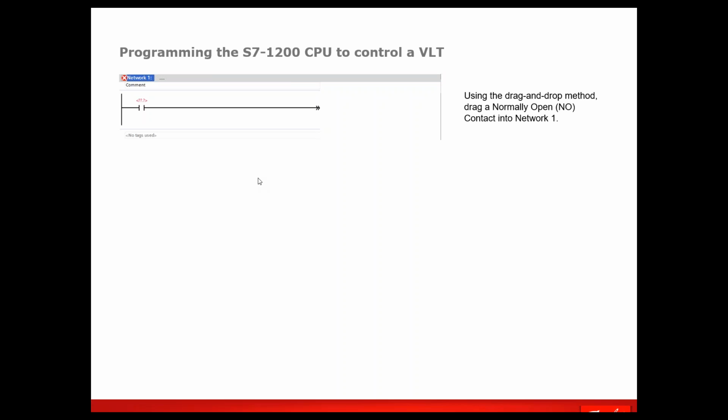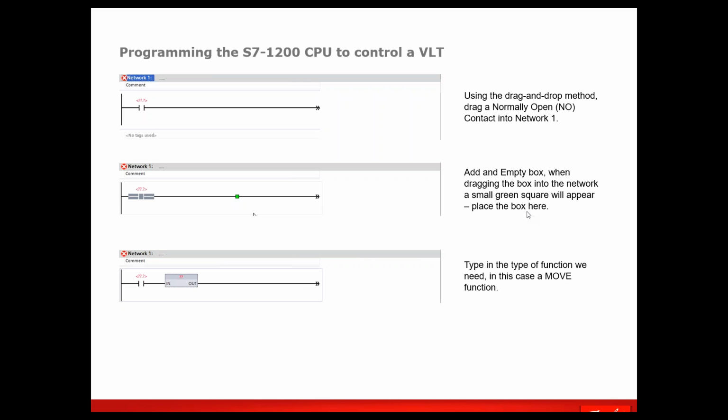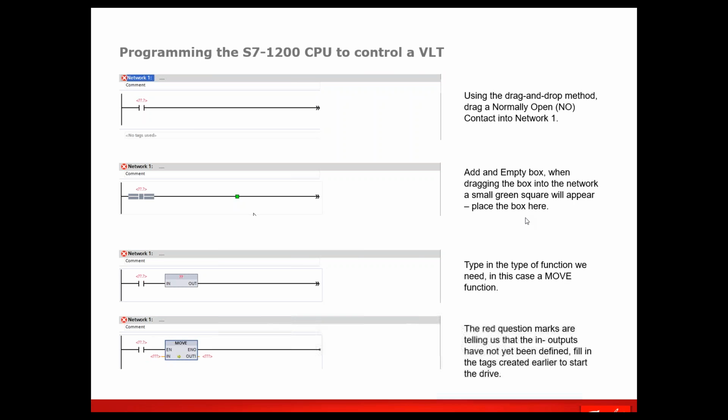After we're done, I am going to share a PDF version of all these. That's why I'm just going through it really quick, just clicking through. So in this one, we dragged in a normally open connection. Then we're going to move data.